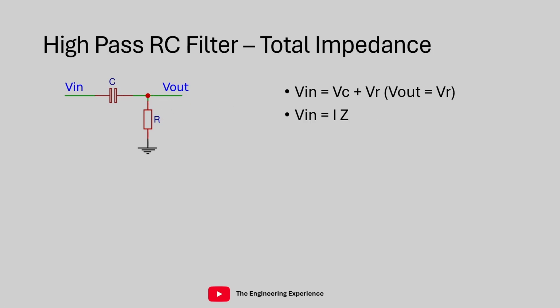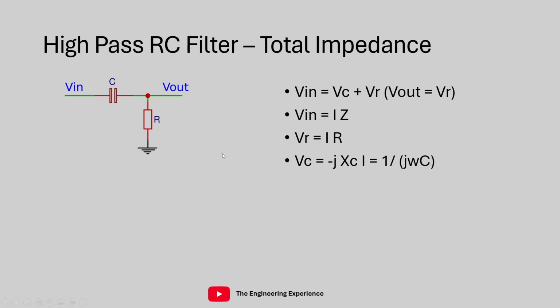And using Ohm's law, we can basically write down V in as equal to the current through this circuit multiplied by the impedance of the circuit. So that's the total impedance of the circuit. And also using Ohm's law, we know that the voltage of the resistor is equal to the current through the resistor multiplied by the resistance.